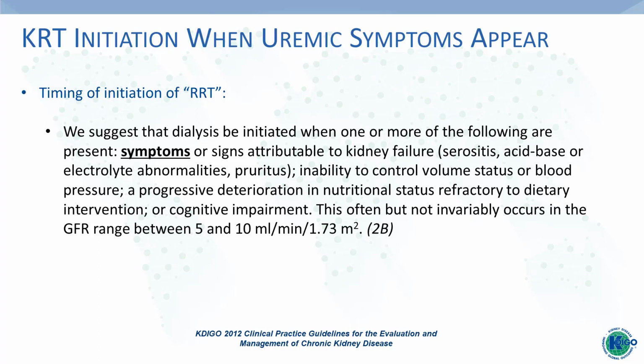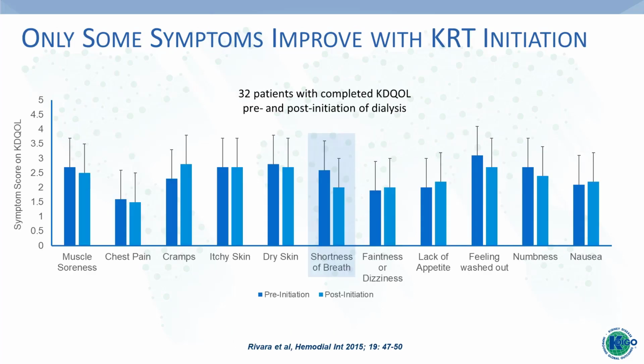The implication of that is that when we start dialysis, symptoms will get better. It is true that some symptoms get better, but there are many symptoms that do not get better. There are very few longitudinal studies of symptom burden in people that start dialysis. This is a relatively small study, but it makes an important point. It makes the point that there are absolutely some symptoms that do get better.